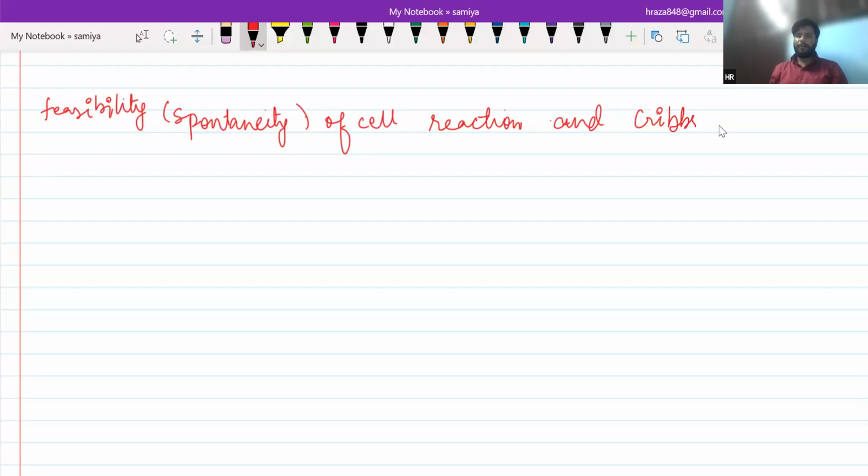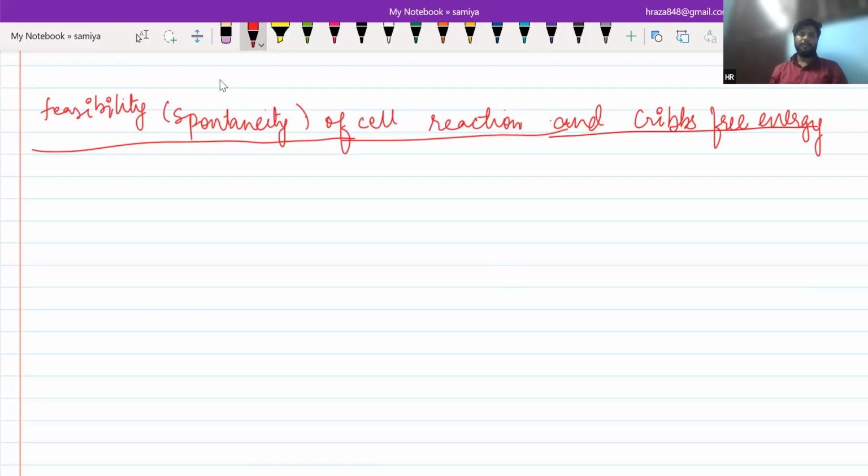Feasibility of cell reaction and gives free energy.